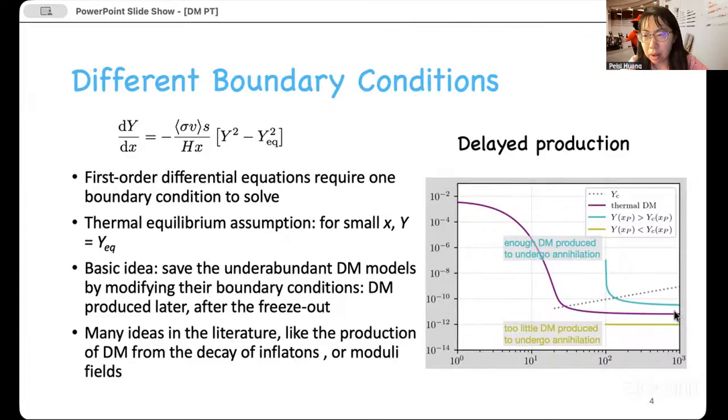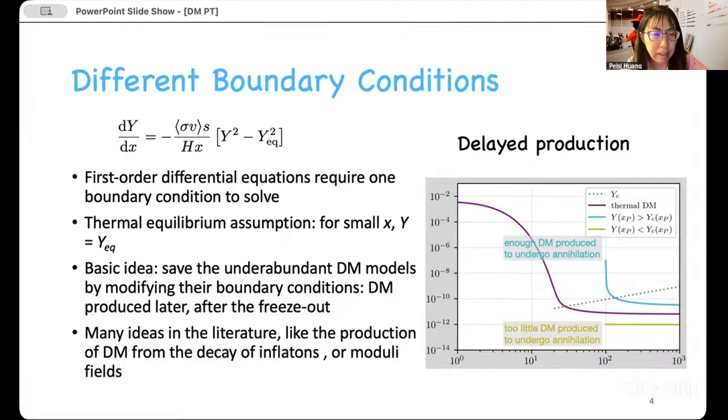And then we get a larger relic abundance today. And then for the yellow line, again, it has the same annihilation cross-section, but with a smaller initial abundance, and therefore we end up with a smaller relic abundance today.